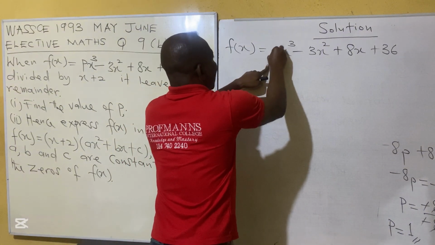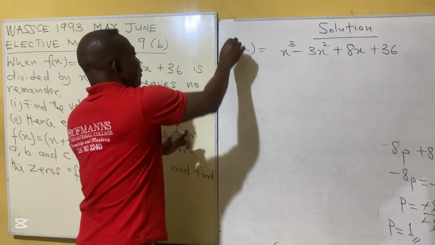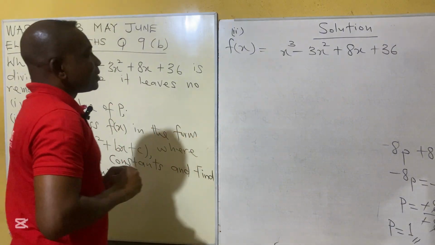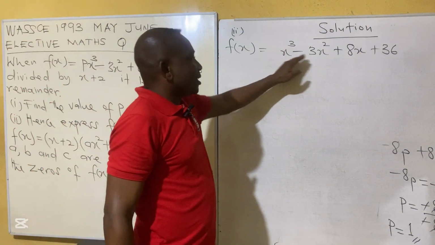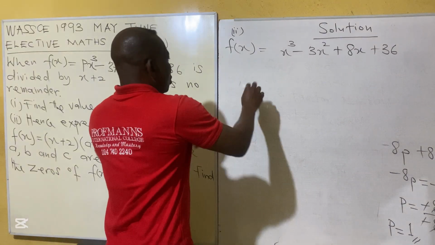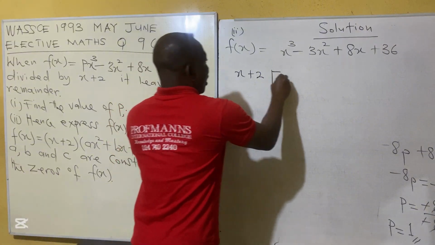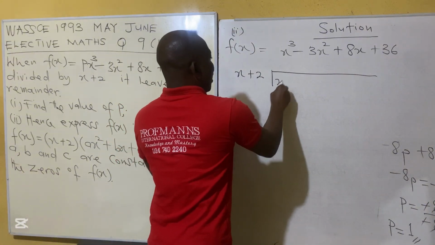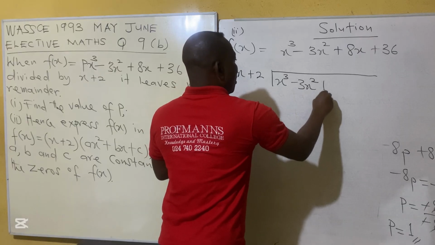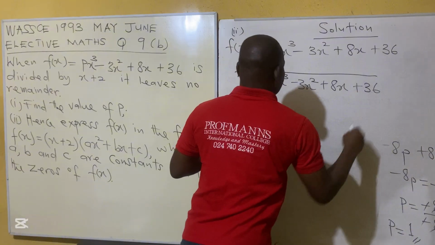So this means that we are going to divide this polynomial by the factor x plus 2. So it's going to be x plus 2 dividing x cubed minus 3x squared plus 8x plus 36.